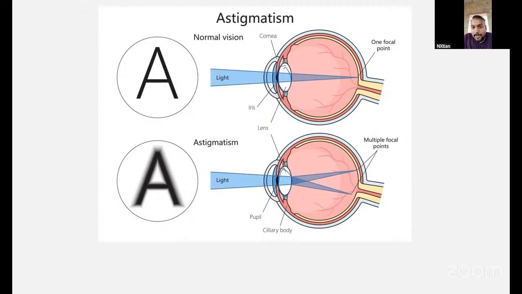The focal length of the eye lens is different in two orthogonal directions.